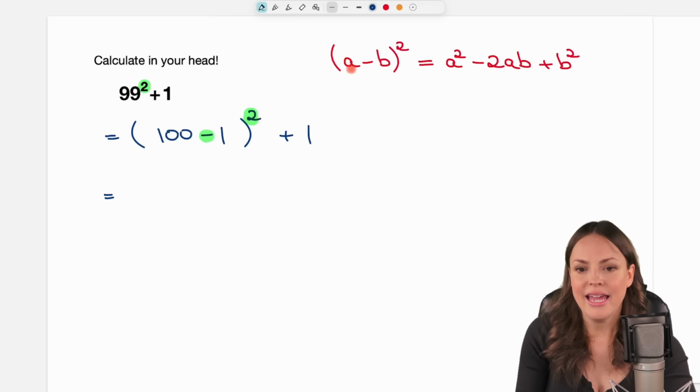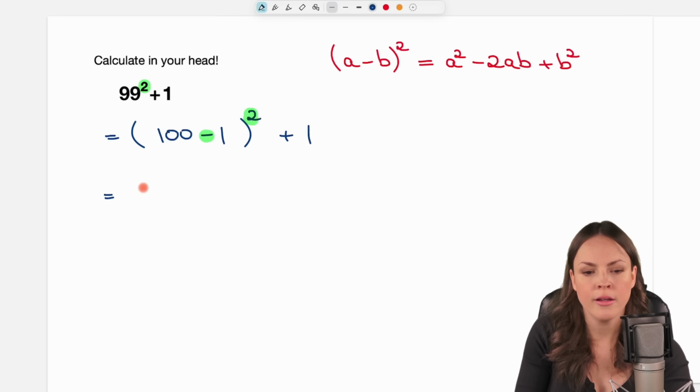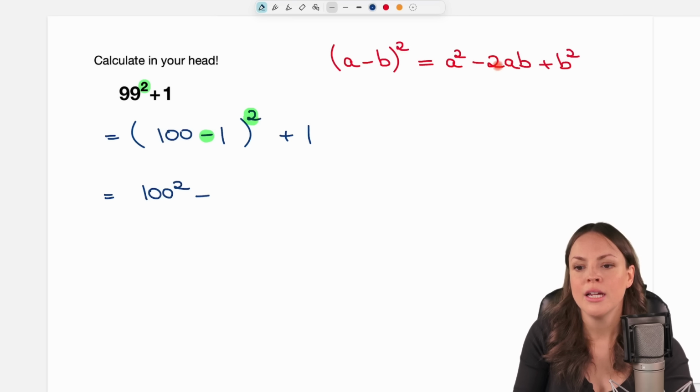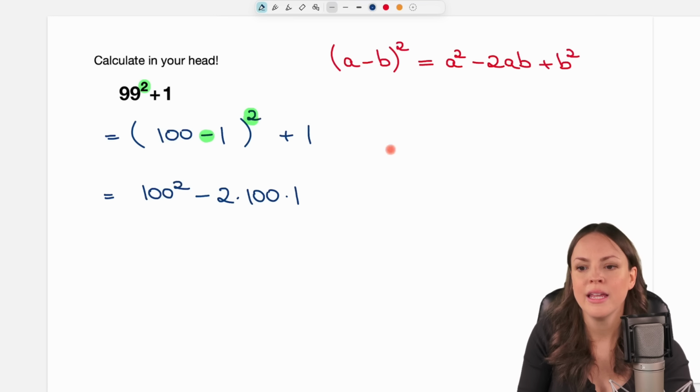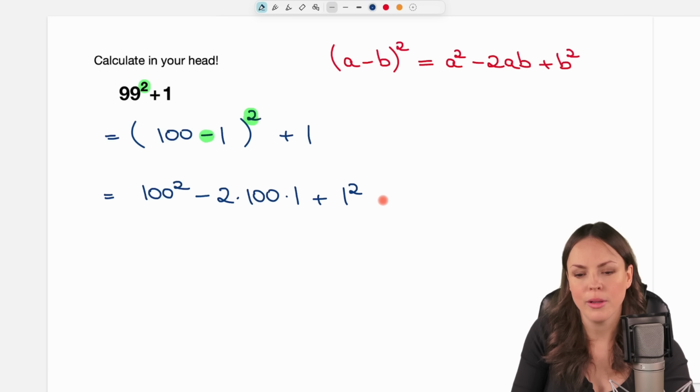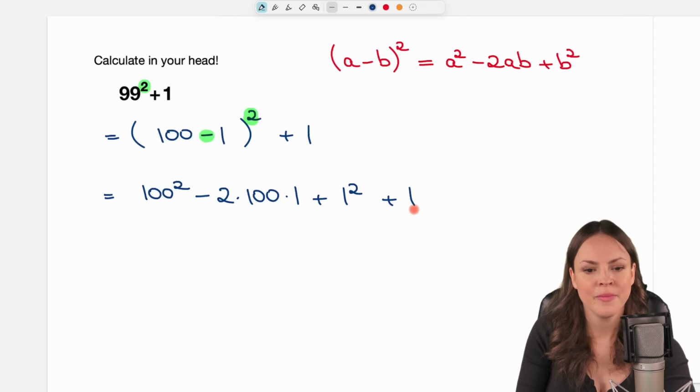We take a and square it. So 100 squared first. Then we have minus 2 times a times b, so 2 times the 100 times the 1. And then we have plus b squared, so we square the 1. And don't forget that you have the plus 1 here still at the end.